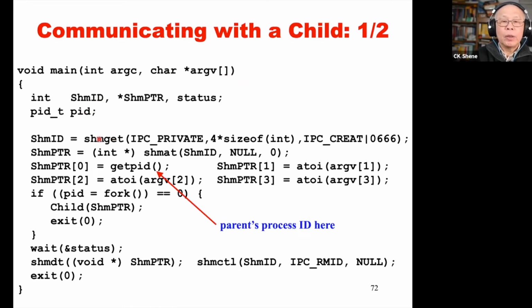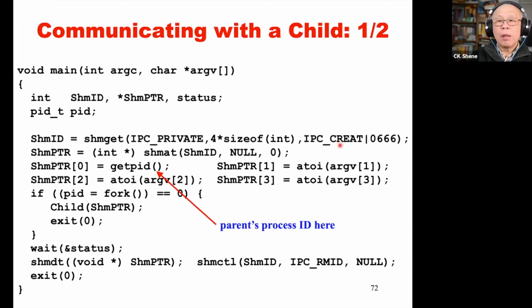So here I call shared memory get to get 4 integers. What do I use these 4 integers for? I would use these 4 integers to save my PID and 3 arguments from ARGV.